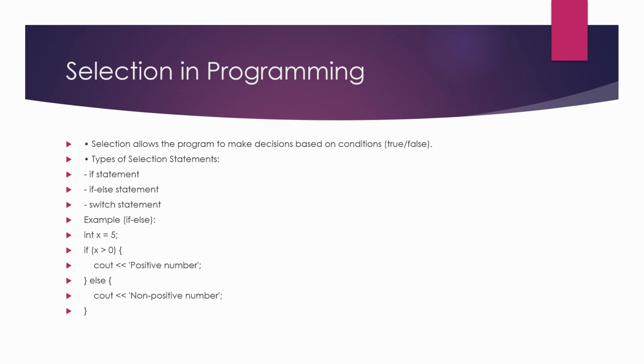For example, in the if-else structure, if a condition is true, one set of actions will be executed, otherwise, a different set of actions takes place. Here we check if a number is greater than 0 using an if-else statement. If true, the program prints positive number, otherwise it prints non-positive number or negative number.